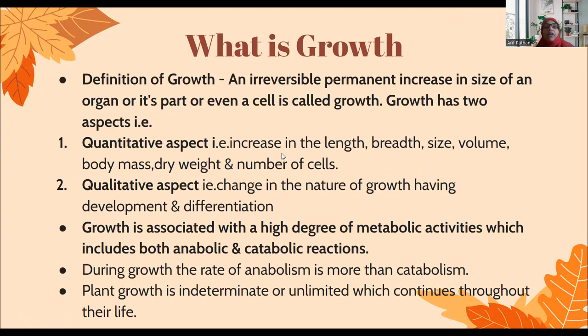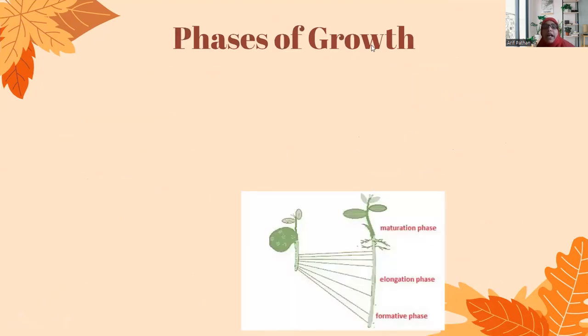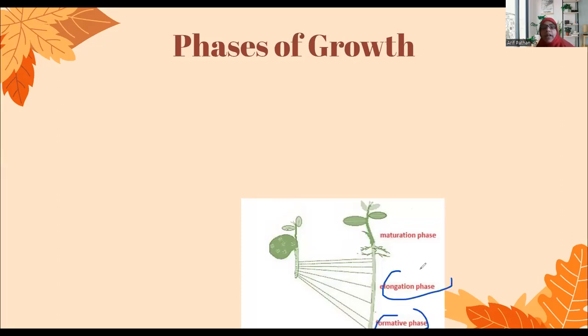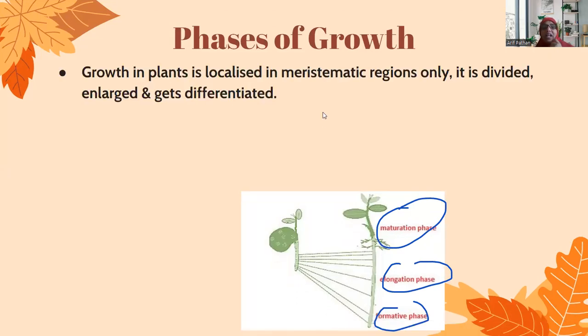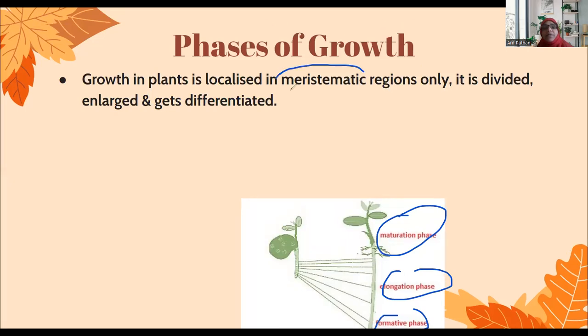Now we move to the phases of growth. As you look at the diagram over here, you can see three phases of growth: formative phase, elongation phase, and maturation phase. First, growth is localized in the meristematic regions only. Okay, you might have heard of meristems, meristematic cells.